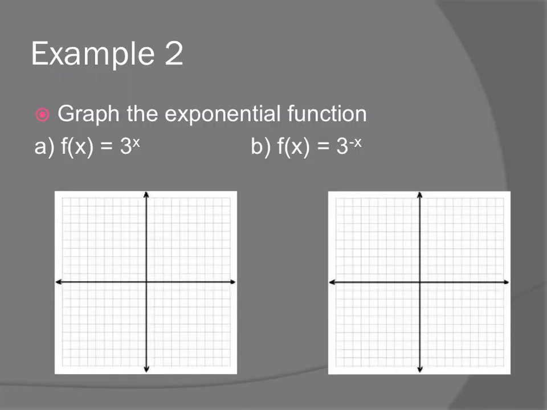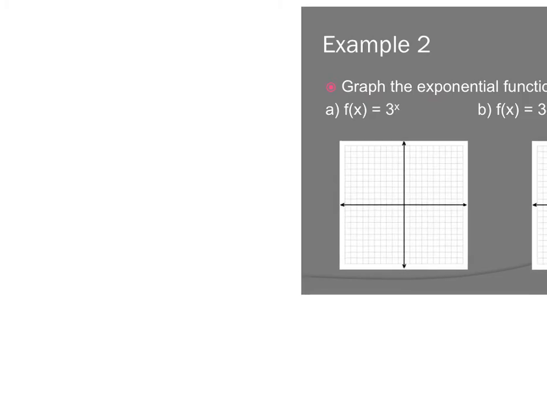All right, so we're going to graph these. And we're going to graph by plotting points. So these you would do without a calculator. I would just set up a t-chart and start with the same 3 points that we plug in. So if I raise 3 to the negative 1, I get what? 1/3.